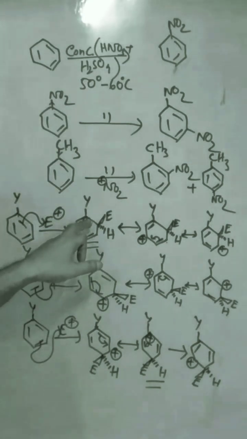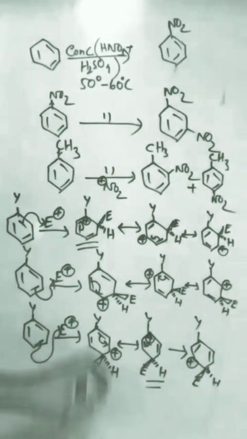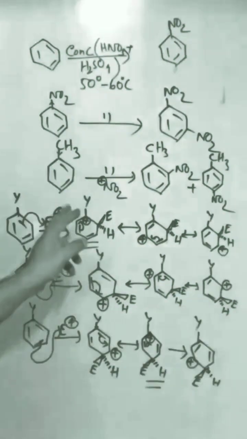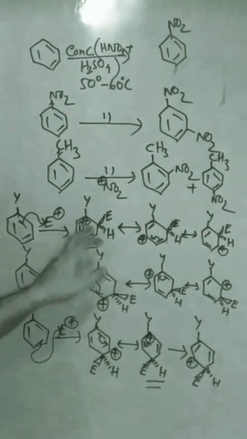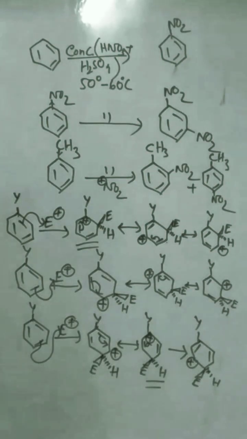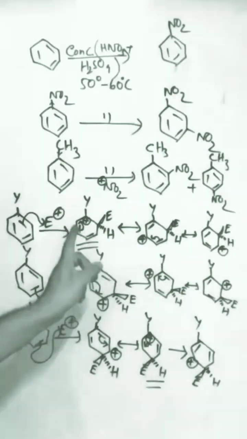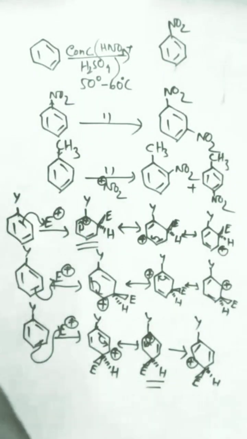So where the carbon is carrying a positive charge and Y has minus I inductive effect, it will destabilize these two particular resonating structures by withdrawing some electrons from a carbon which is already electron deficient. So that will make these two resonating structures very unstable.